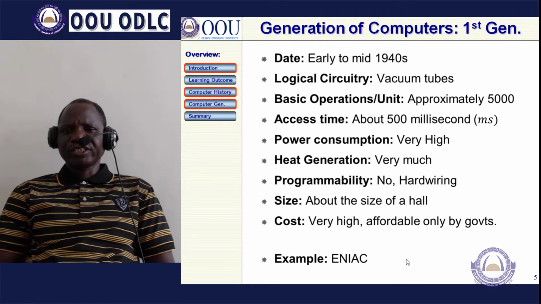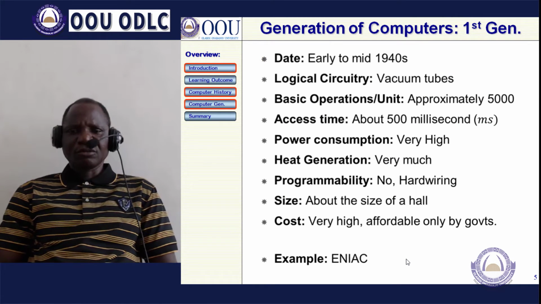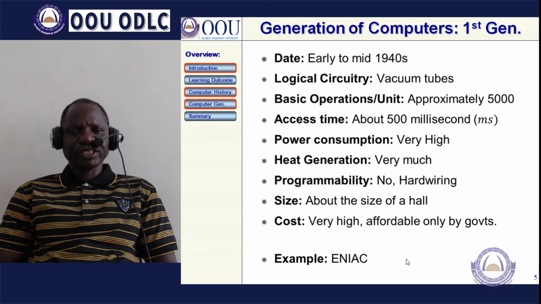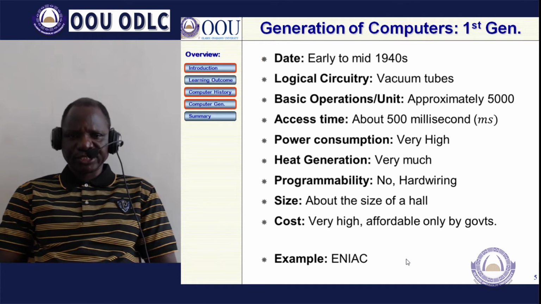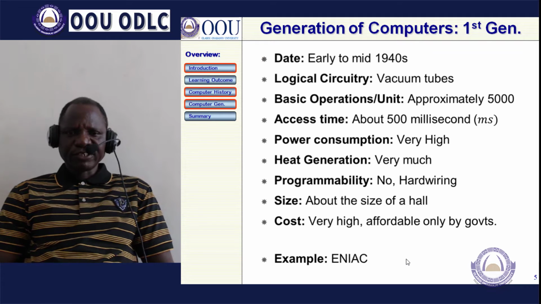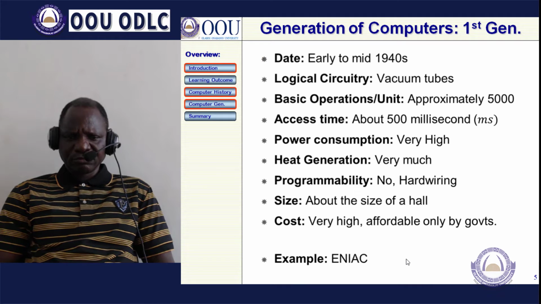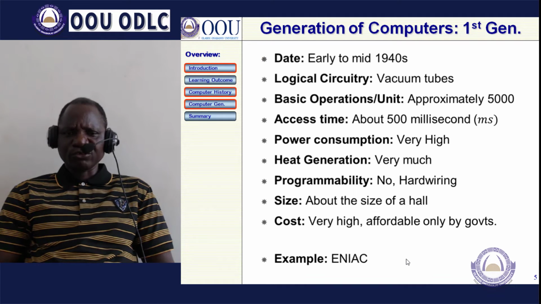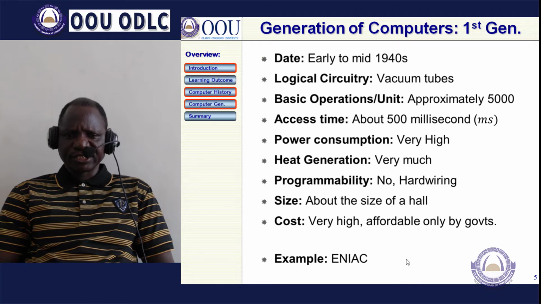Now we move on to the generation of computers. Computers are classified according to generations, and they are classified into 5 such generations. We now look at these generations in turn. Starting with the first generation computers, they came into being around the middle of 1940s and made use of vacuum tubes as their logical circuitry, that is, as the underlying technology.